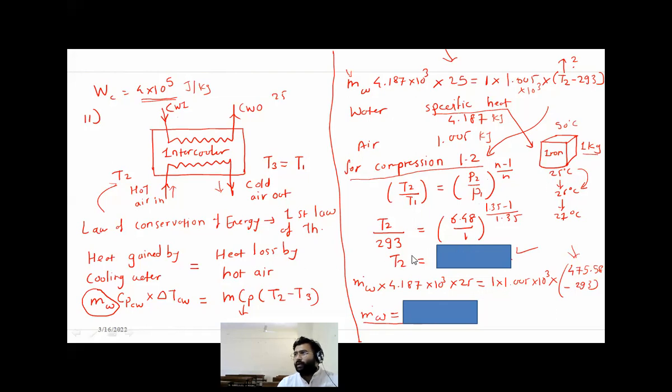So from this calculate the value of T2. I got around 475.50.